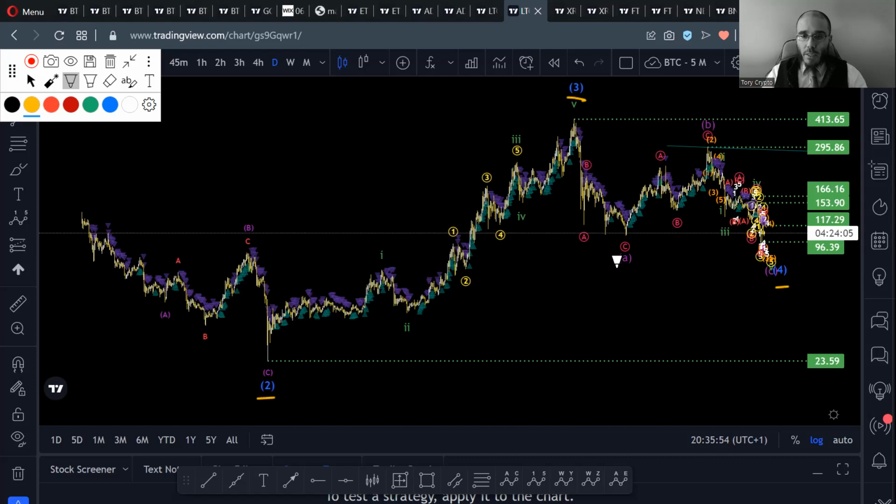Now I have labeled it as a simple A, B, and C. So the A wave had 3 waves in it, the B wave also had 3 waves in it, and we are going to look mostly today at the C wave, which should be the final wave of the correction.